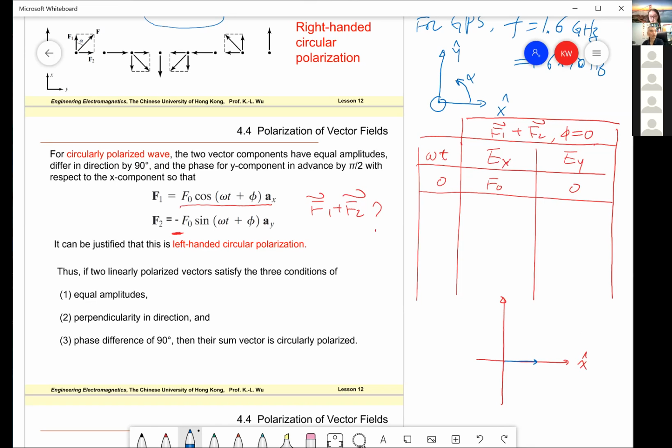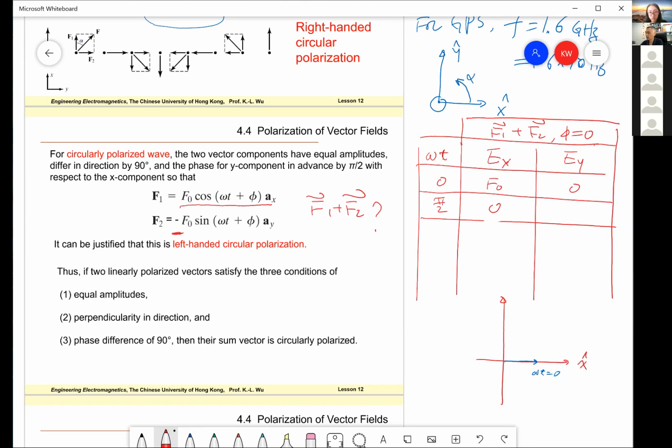Now let's say omega t equal to pi over 2. Omega t equal to pi over 2, so the x component equal to 0, and the y component, sine of pi over 2 equal to 1.